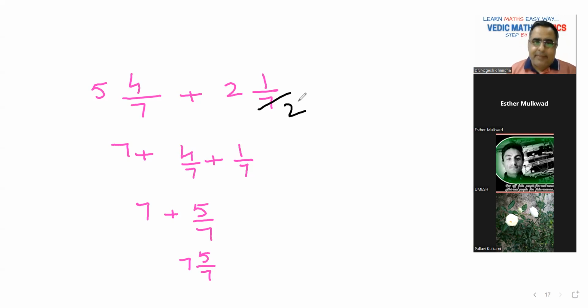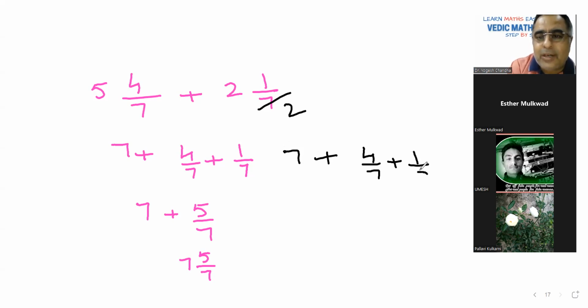what will happen? Whole numbers we would have added like this only, 5 plus 2, 7, and afterwards for the fractions we would find the LCM. Again, LCM. But here we will not go for the LCM. We will go for denominator to denominator multiplication. So we'll go like this, 4 by 7 plus 1 by 2.